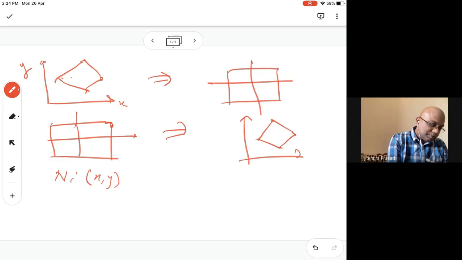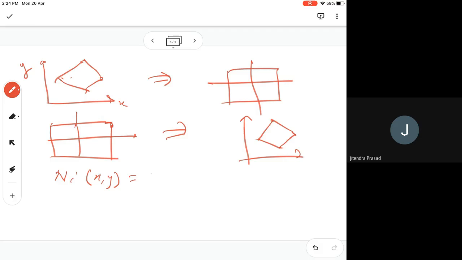Ni xy will be equal to, right? And we write like that.